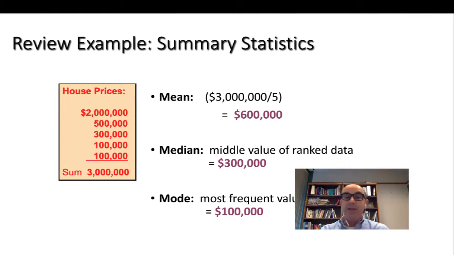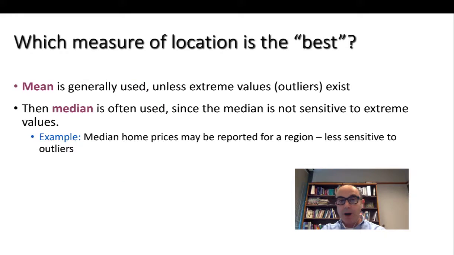In this case, the mean is $600,000. The median is different because it is the middle value of the ranked data, and the mode is the most frequent value. Those values give us some sense of what's going on with the house market.